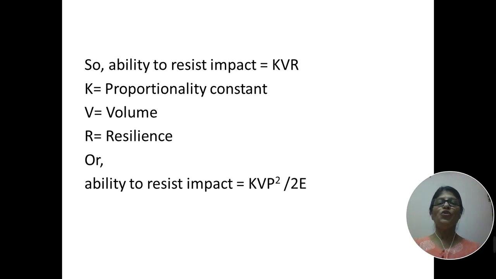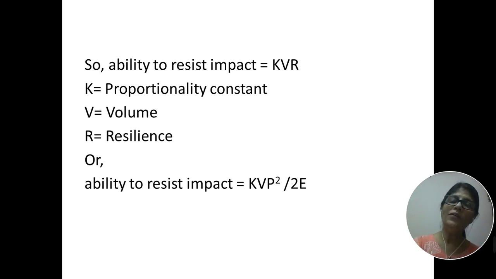The impact is usually measured as the ability to resist impact, and it is expressed as KVR, where K is the proportionality constant. It represents the structural factors present in the design of the appliance.